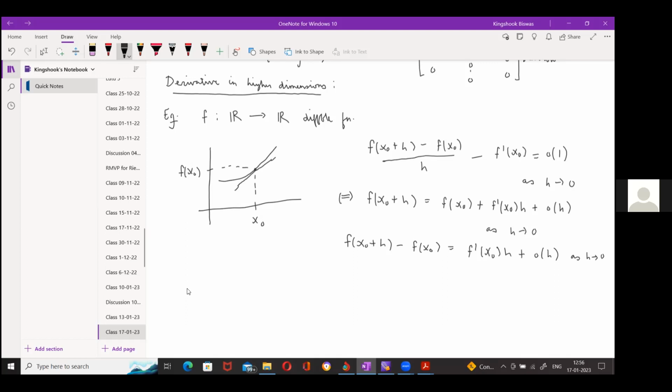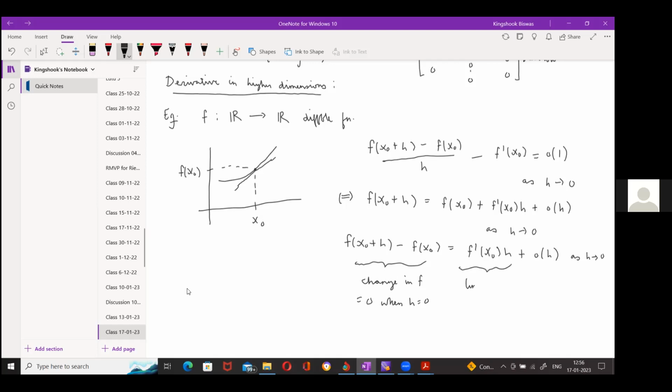Okay. Now, what is this? This is the change in f. Okay, this is the change in f, right? So this takes the value 0 when h is equal to 0. And what is this? f prime x naught times h.